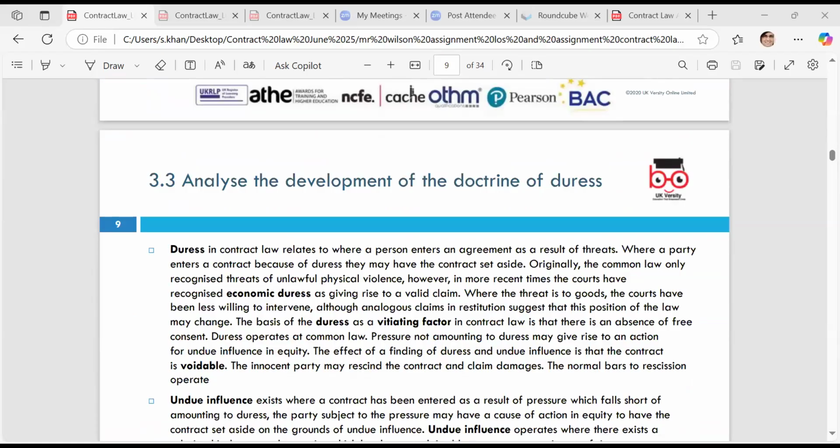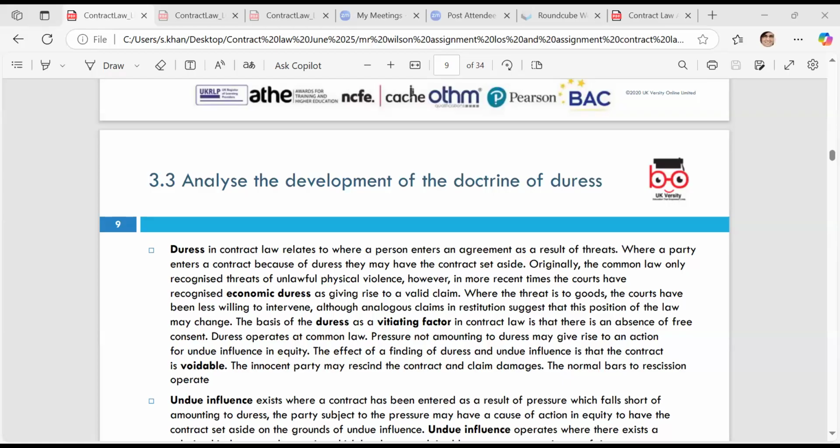So the next one is 3.3, analyze the development of the doctrine of duress. The doctrine of duress was developed from a narrow concept of physical coercion to bring in someone to make something that's not genuine. Duress could be threats or violence.